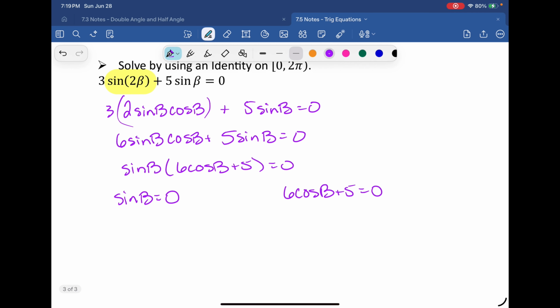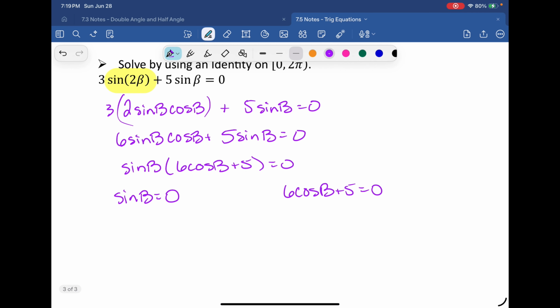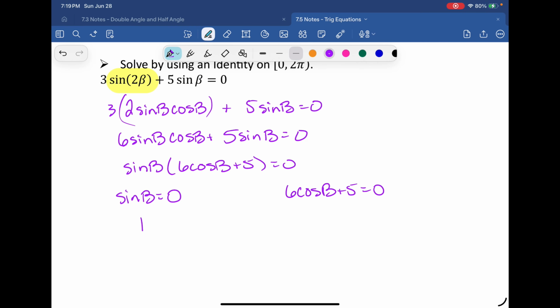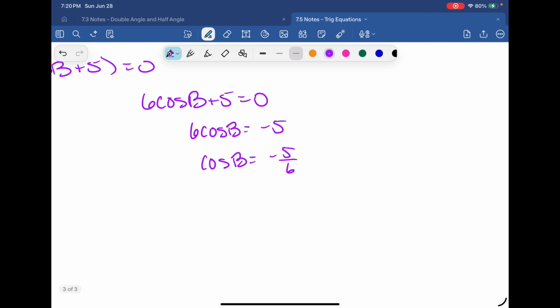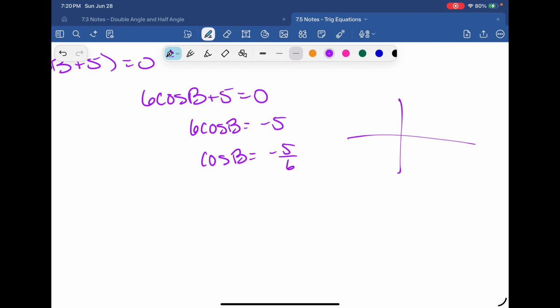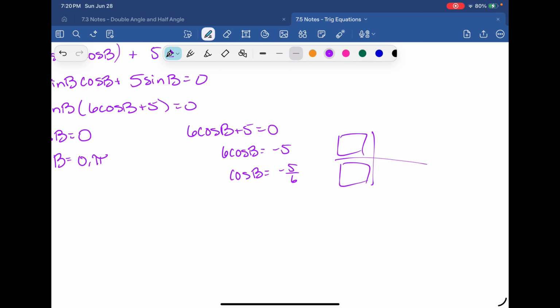On 0 to 2 pi, the sine, the y is 0 on 0 and pi. For here, subtract the 5. Divide. We're going to take the inverse, and we need to remember that cosine is negative in quadrants 2 and 3.